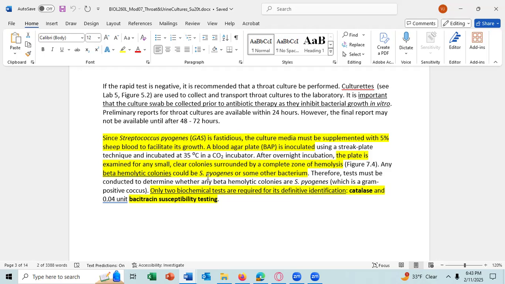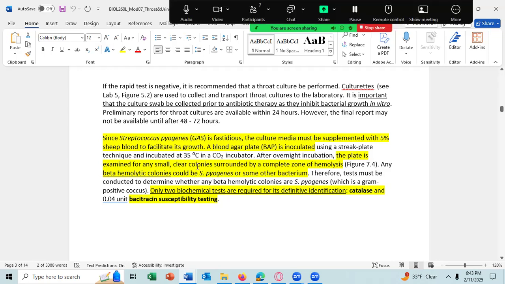There's a few other bacteria that can give beta hemolysis. But once you've got beta hemolysis on the blood agar, there are only two biochemical tests required for definitive identification of Streptococcus pyogenes. And that's the catalase test and the bacitracin susceptibility test.